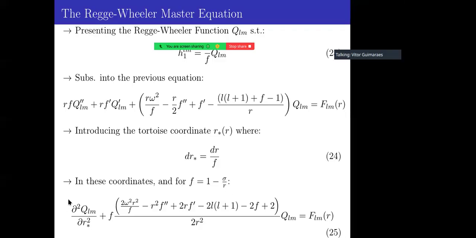So the term multiplying the first derivative of Q goes to 0, and this is what we have left. Still, if I ask you guys, have you seen this equation before?